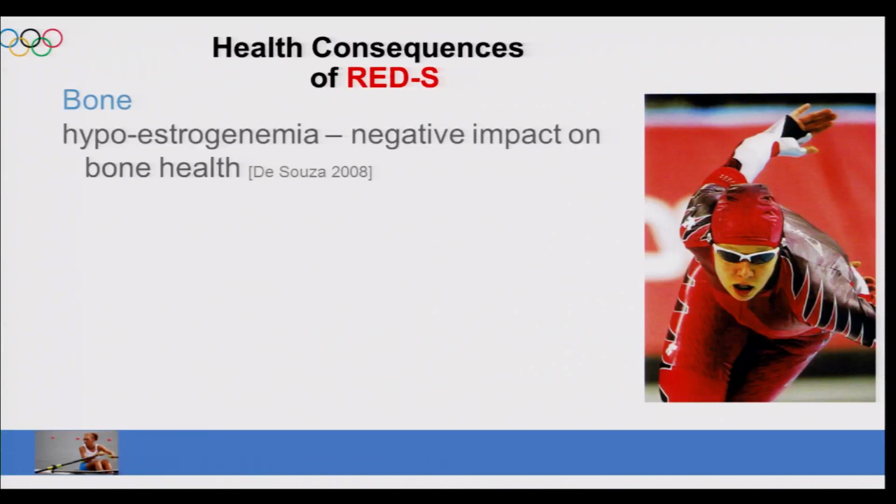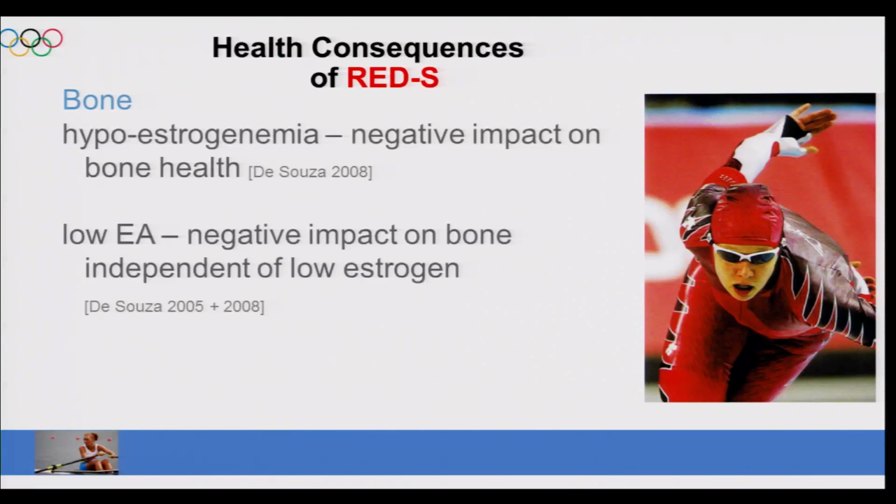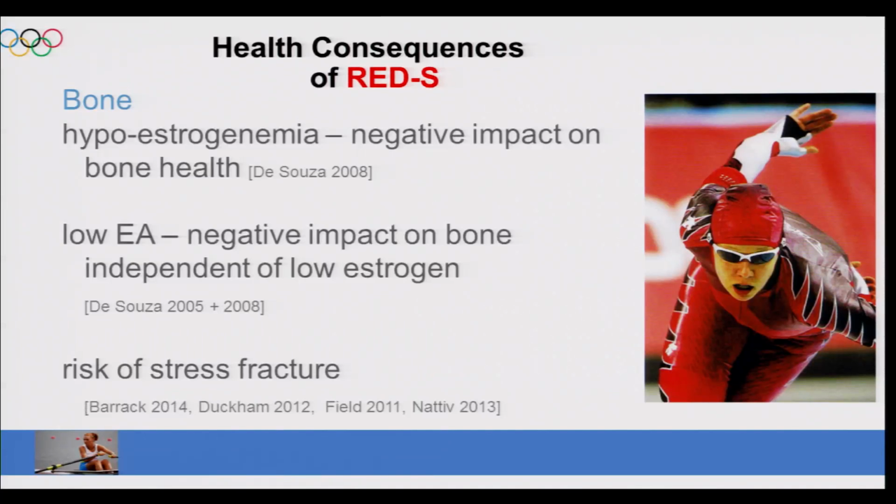When we look at bone health, we know that the low estrogen can have an effect on bone health, but even despite the low estrogen, the low energy availability itself can have a negative impact on bone independent of the estrogen component. And we also know that low energy availability increases the risk of stress fractures.